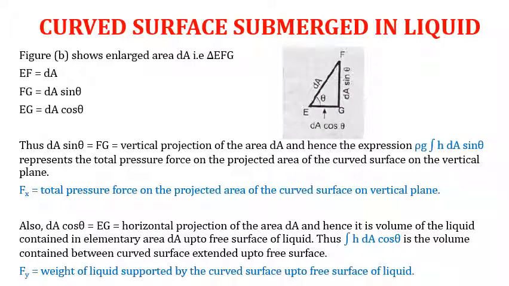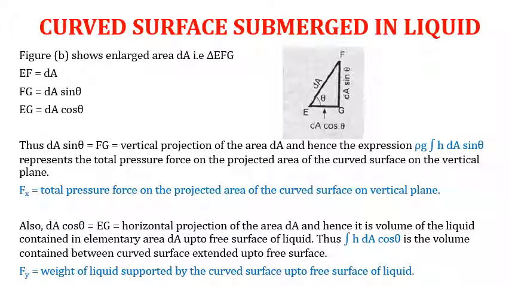So Fx is basically the total pressure force on the projected area of the curved surface on a vertical plane. And dA cos theta, which is EG, is the horizontal projection of the area dA, and hence it is the volume of liquid contained in the elementary area dA up to the free surface of liquid. So integral h dA cos theta is the volume contained between the curved surface extended up to the free surface.